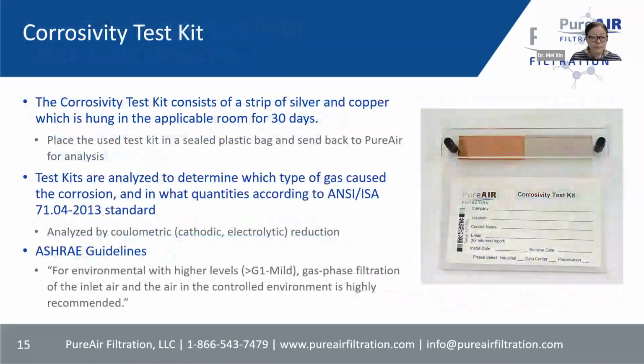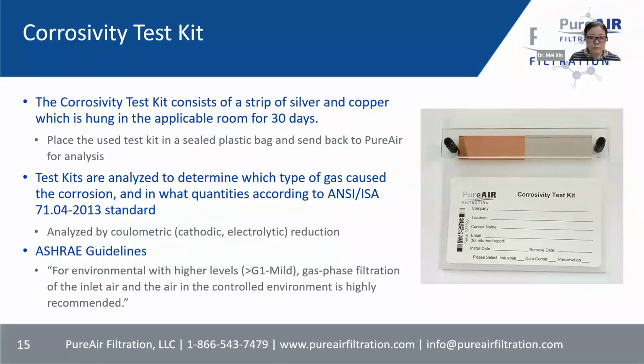PureAir provides a corrosivity test kit, which consists of a strip of silver and copper. You can hang this kit in the application room for 30 days according to the ISA standard. You place the kit in the area of concern vertically or label side up, and please do not touch the strip surface.